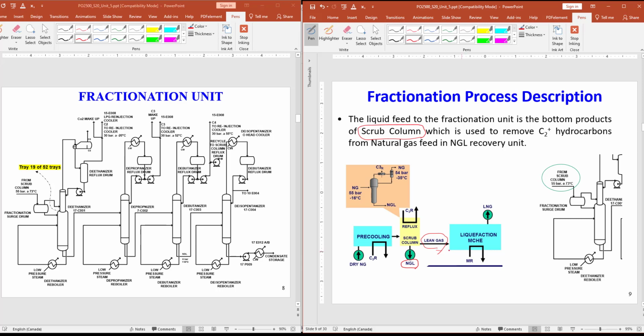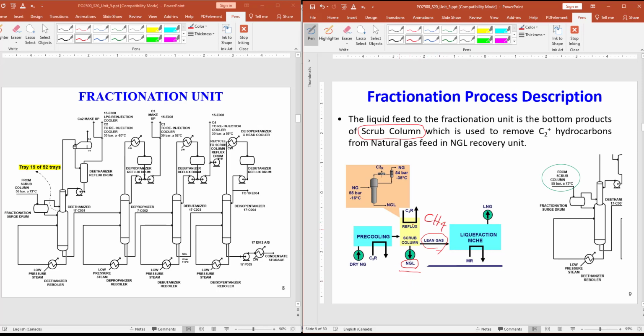So we have to try to remove them. Those heavy components like ethane, propane, butane are called NGL, natural gas liquids. So we remove them, and then we send this lean gas, which is mainly methane, to the main cryogenic exchanger.